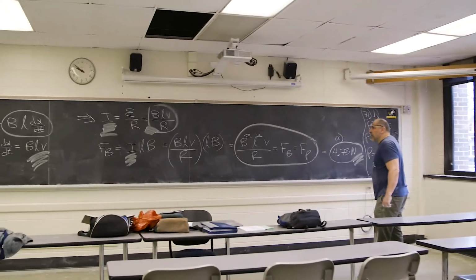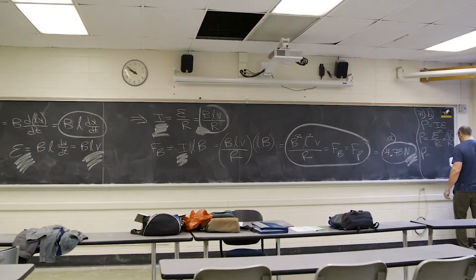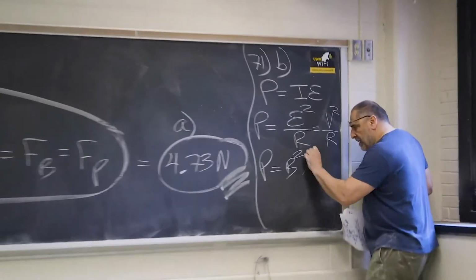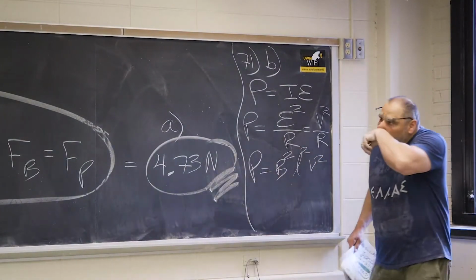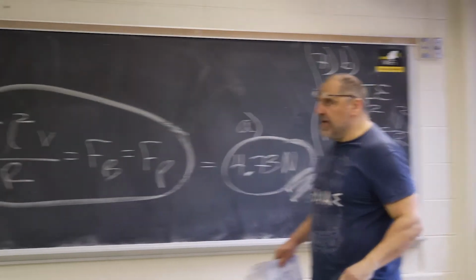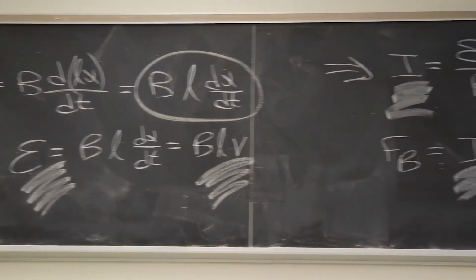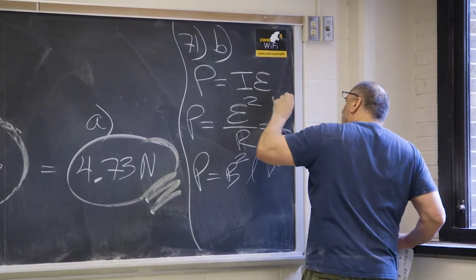E squared is B squared L squared v squared over R. The quantity BLv squared. v right here is a small v, not a big V. You gotta watch out for this. This is the big V of voltage. The better way to write it is delta V.